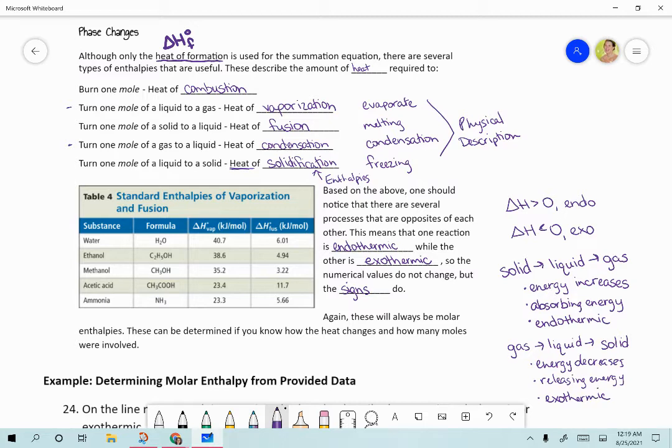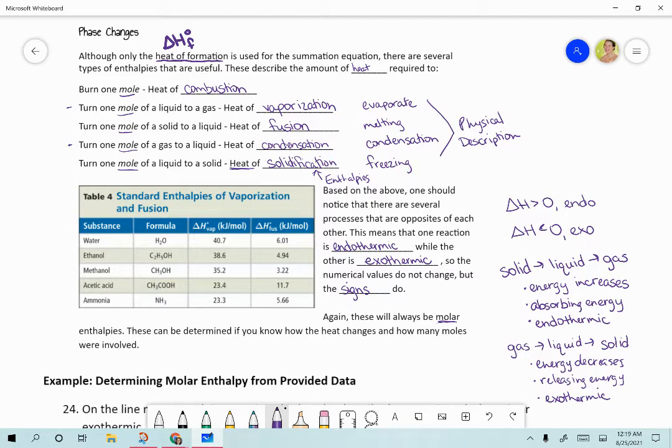Okay, and then just as a reminder, these are molar enthalpies. So if you look, we had mole, mole, mole, mole, mole. So in today's work, if we're talking about a phase change where we go from one state of matter to another, you have to make sure that you are using a molar enthalpy.